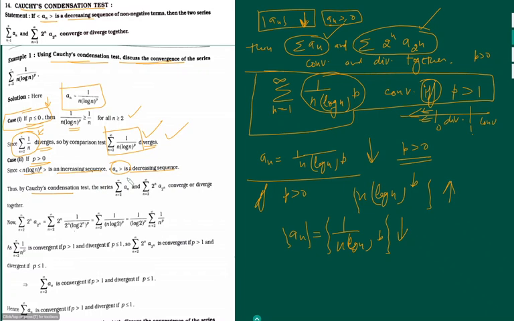So by Cauchy condensation test, this series and the series summation 2 raised to power n a sub 2 to the n would converge and diverge together. Now what would be 2 to the n a sub 2 to the n?